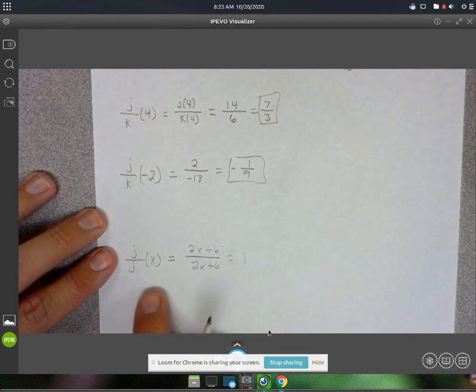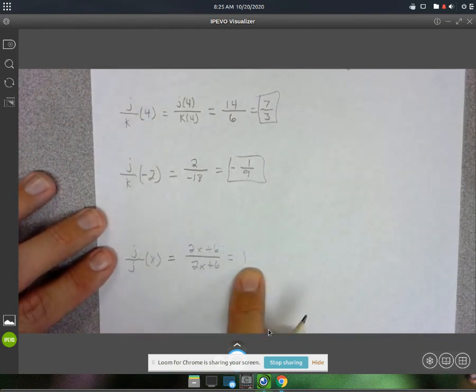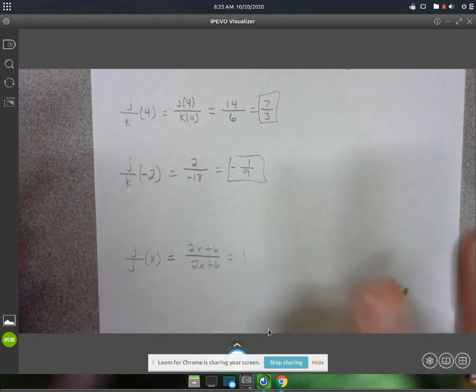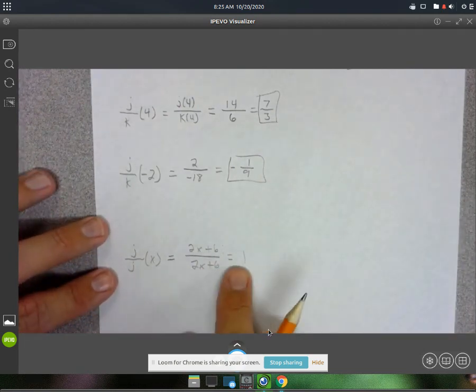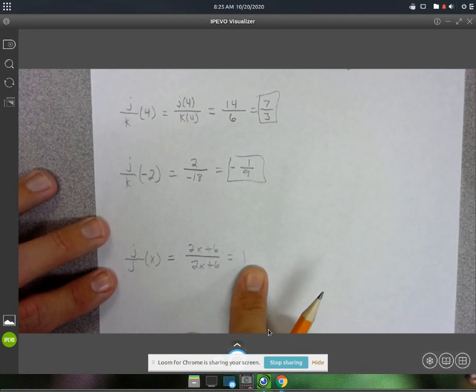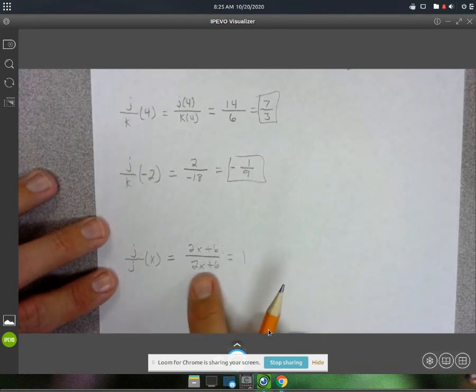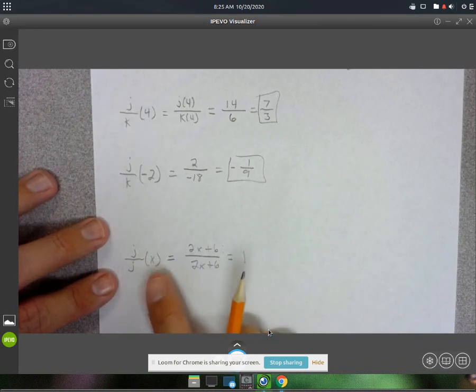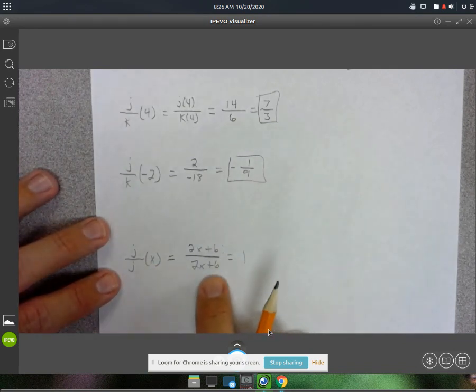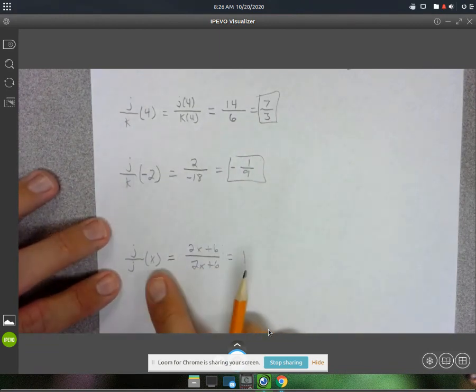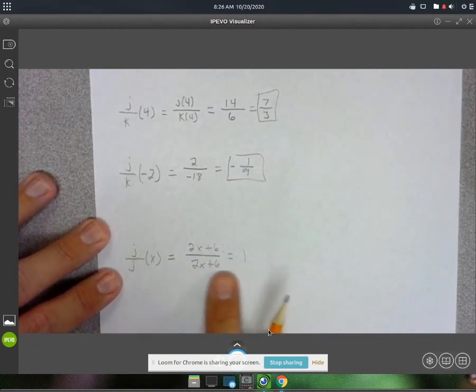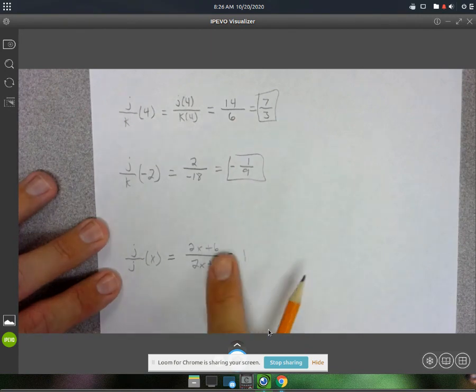So no matter what value you plug in for x here, you will always get 1. I actually need to put that in quotations. You will almost always get 1. The only value you're not allowed to plug in for x would be negative 3. Negative 3 is the only number you cannot plug in for x. It's a domain issue. You don't have to worry about that right now. But basically, this will always equal 1, because you're dividing it by itself.